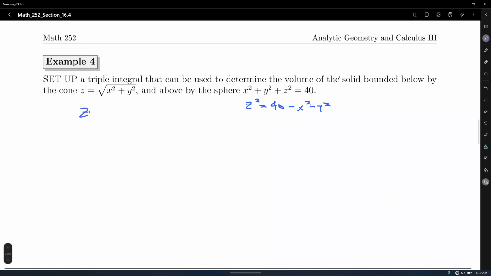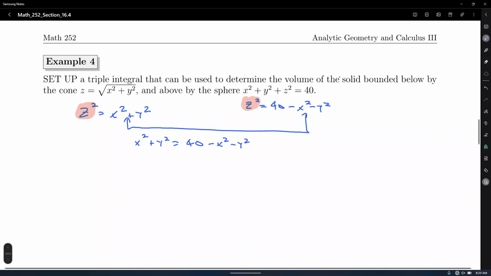Let me square both sides here, so we get z squared equals x squared plus y squared. How about we set the z squareds together, rather than working with radicals? So set x squared plus y squared equal to 40 minus x squared minus y squared.